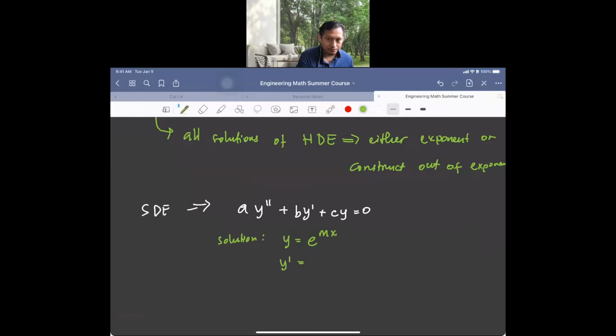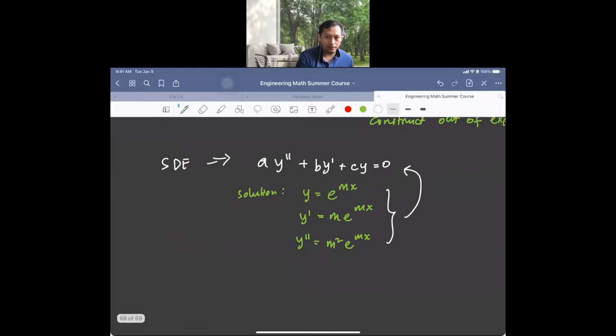We check the first derivative, we check the second derivative, right? We have all this. Let's put this into our equation here. We are going to have a m squared e^(mx) plus b m e^(mx) plus c e^(mx), right?